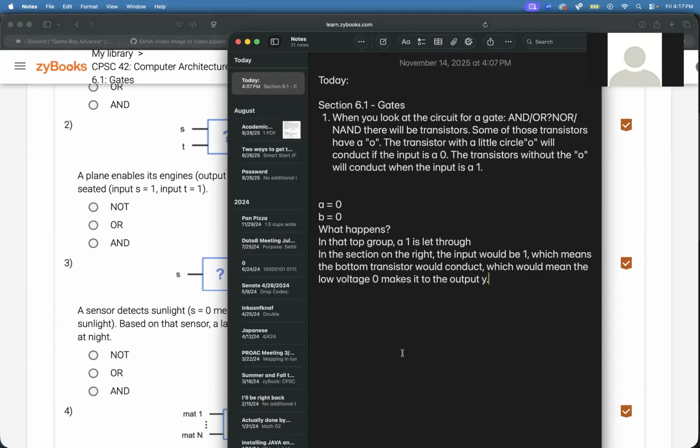They all have 3 pins, the transistor. So you have the input, and then you have basically low voltage, which is 0, and high voltage, which is 1. So there's a high and low voltage, a 0 and a 1, but then the input decides whether the output is going to be low or high voltage.